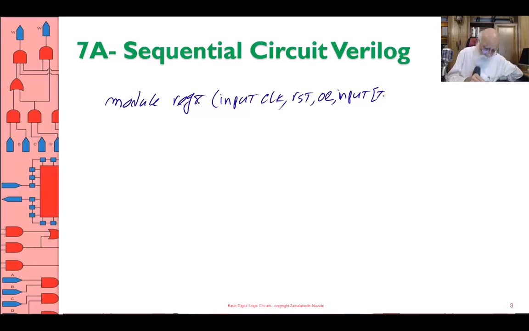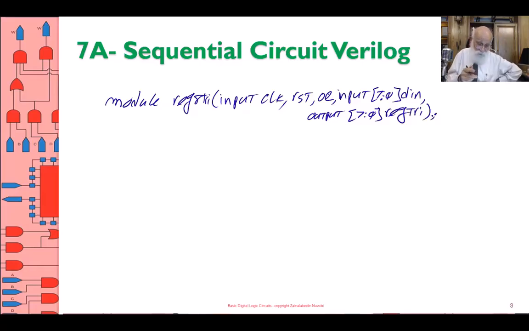Let's say reg 8 with tri-state output. Input 7:0 D in. Output reg out, reg tri, let's call it. Okay. 7:0. I'm sorry. Output reg. That's it. 7:0 reg tri.